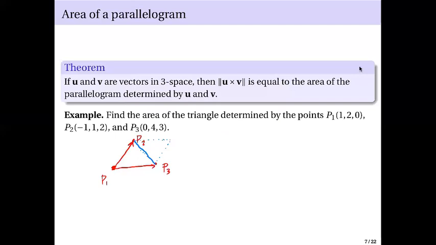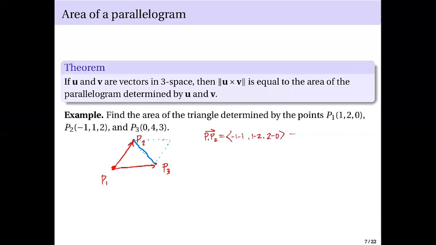So let's use P1 as our common initial point. So we get P1, P2. That's your first vector. P1, P2: you have -1 minus 1, 1 minus 2, and 2 minus 0.